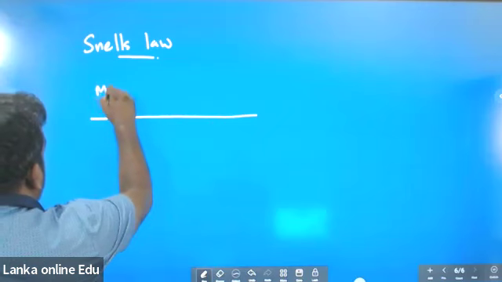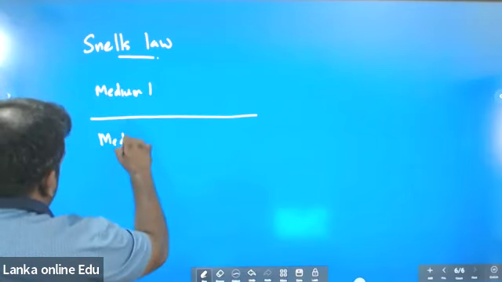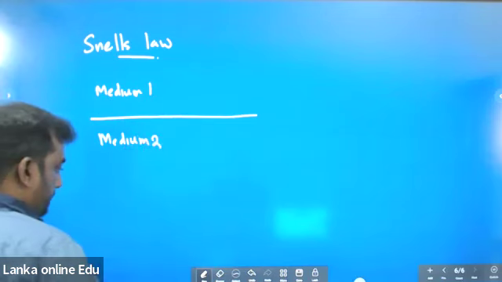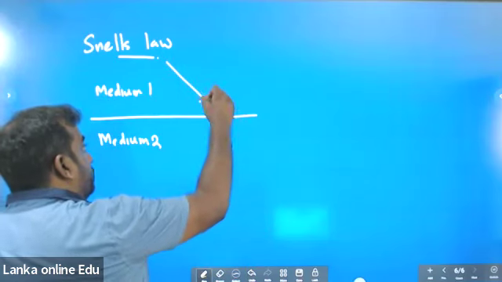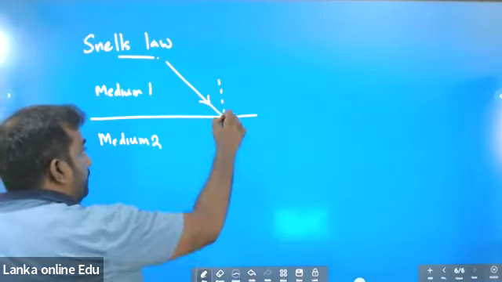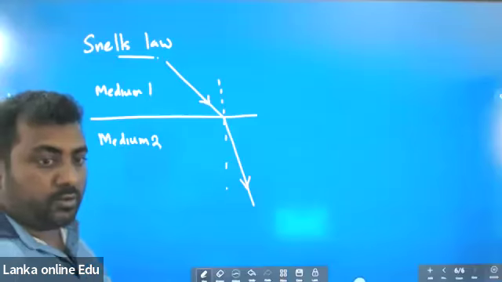Let's say medium 1, let's say medium 2. Light travels from medium 1 to medium 2.